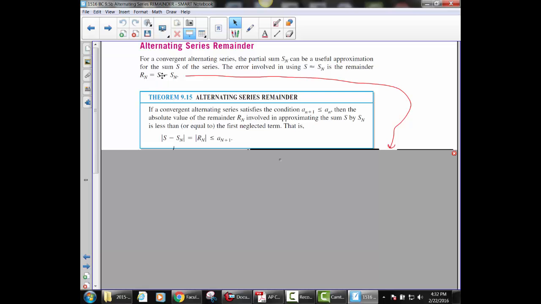You'll notice here's this S minus Sn, they have the absolute value of it. Keep in mind it's an alternating series, so you never know if the next term is going to be a positive term or a negative term. So they're just using absolute values. They're saying the absolute value of S minus Sn, which is equal to the absolute value of Rn, is less than or equal to a(n+1).